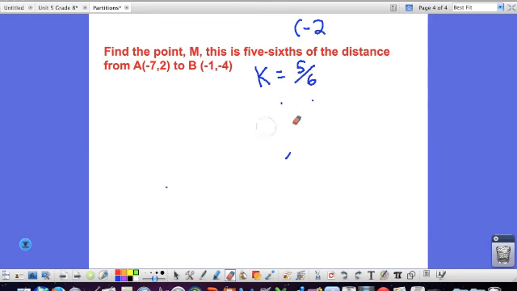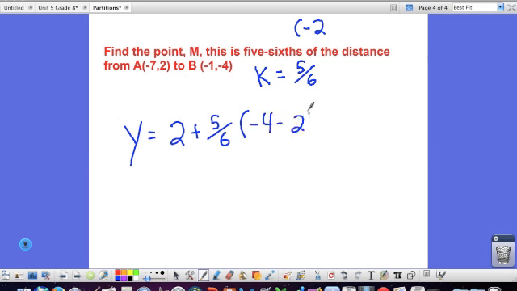Now we're going to find the y value for this point M. So the y value is going to equal y1, which is 2, plus 5/6 of y2 minus y1.